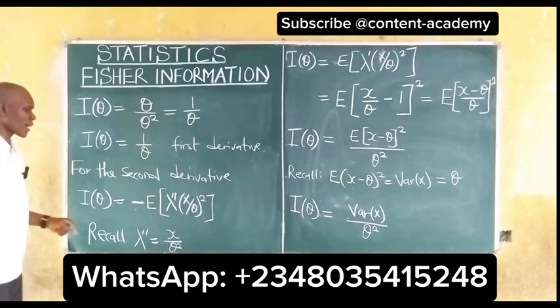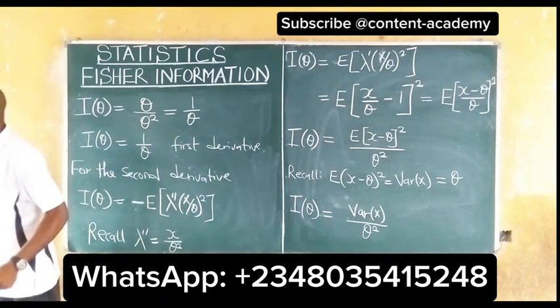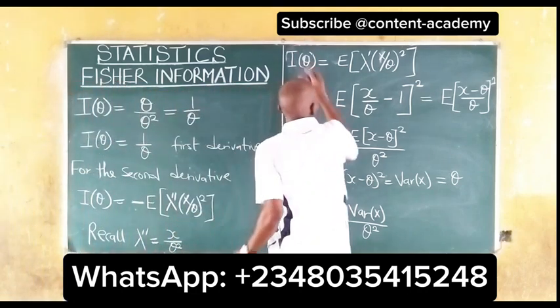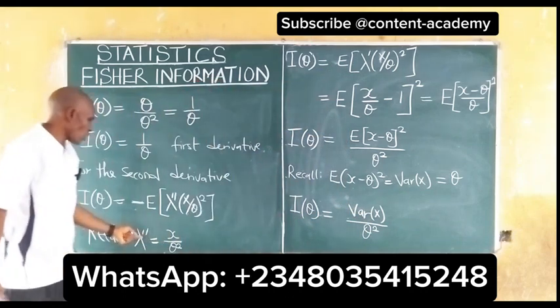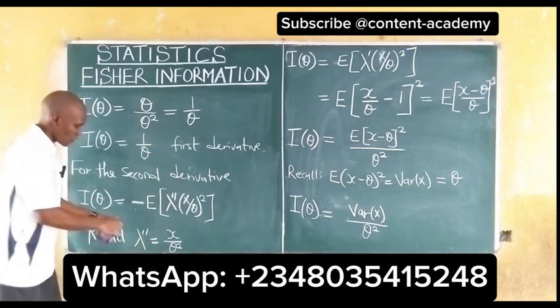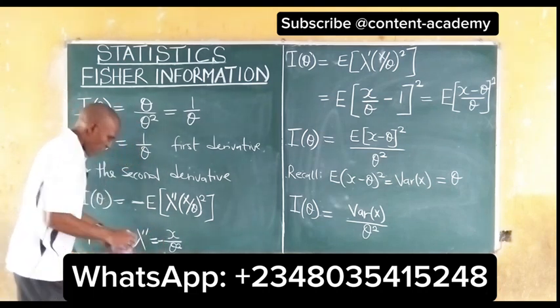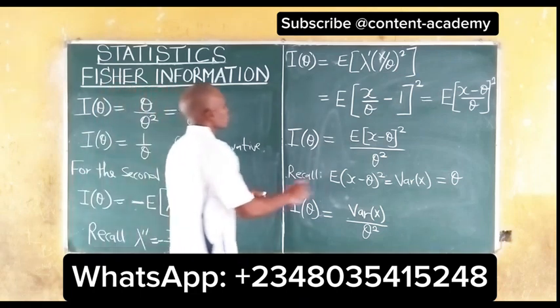That is what we got. So we move over to this other side of the board to do that. First, we recall that we got for our second derivative, sorry, negative x all over theta squared. That is what we got.